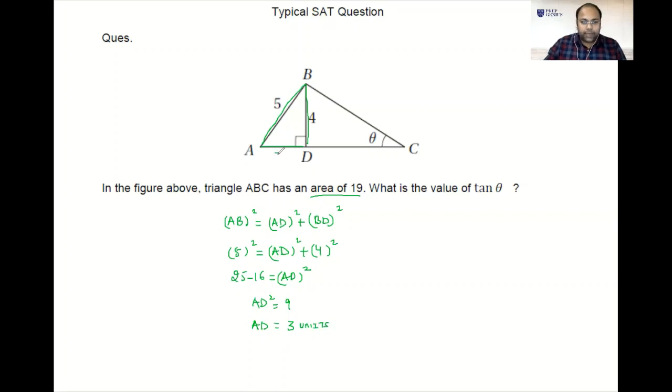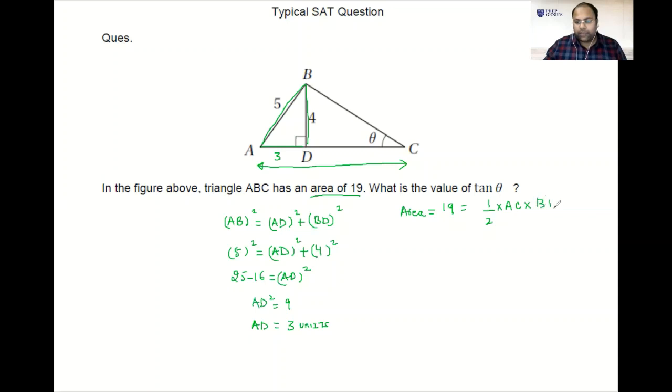So we are getting 3 units as AD. Now we know that the area of triangle ABC is given to us as 19, and area is half into base into height. The base of triangle ABC we will call AC. So half into AC into height, and height is BD.